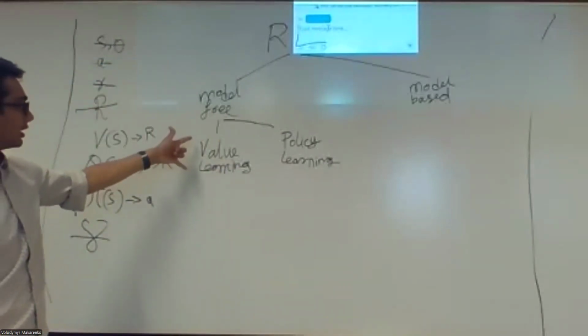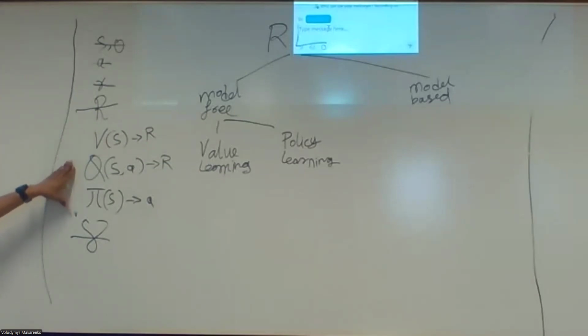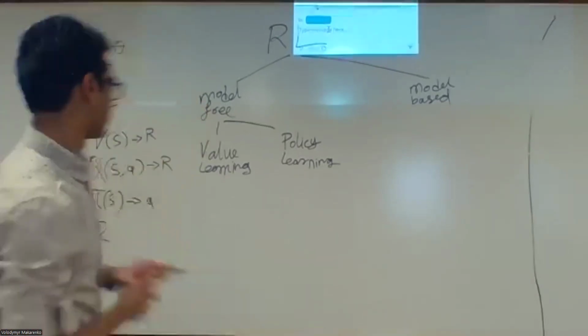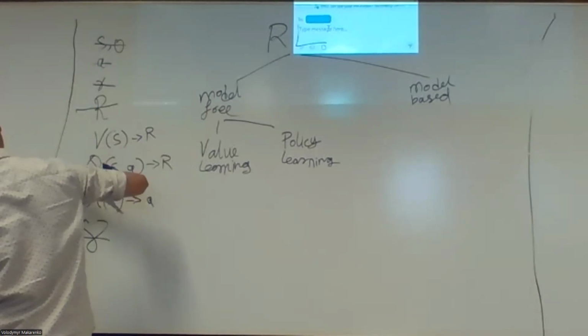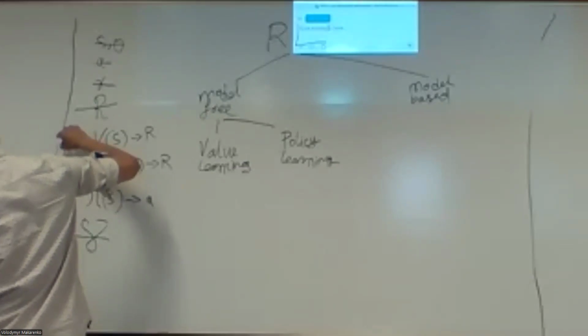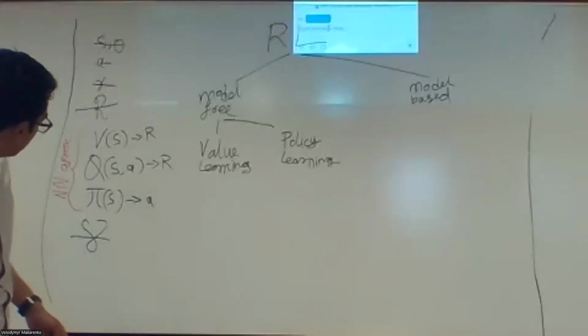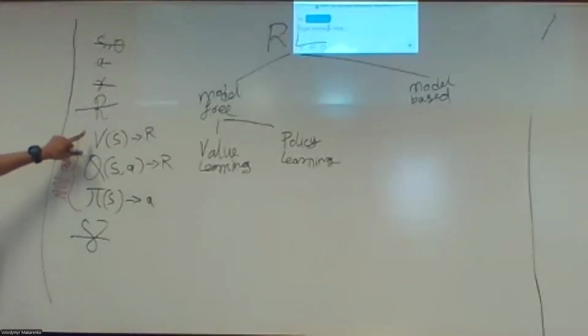The basic gist is, you remember how these three things are basically functions that we normally approximate using neural networks: the value function, the Q function, and the policy function.